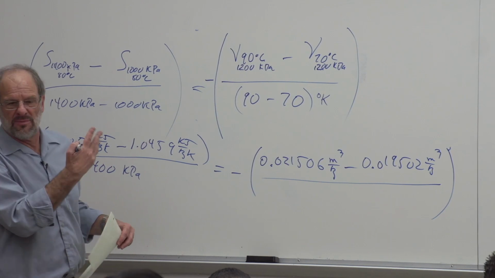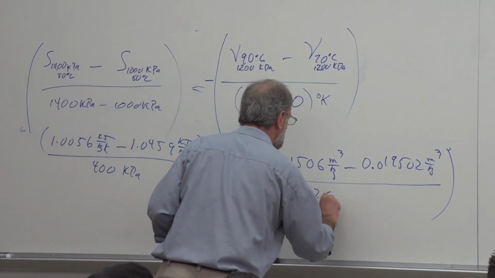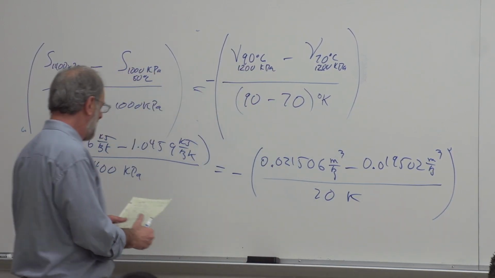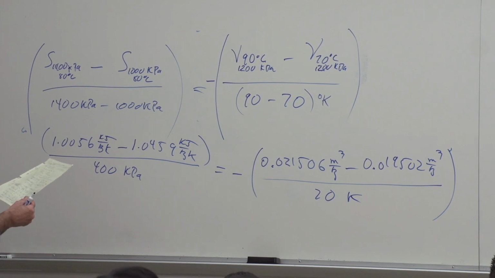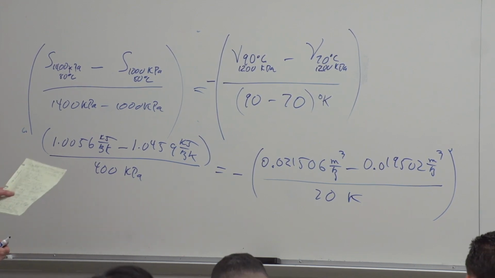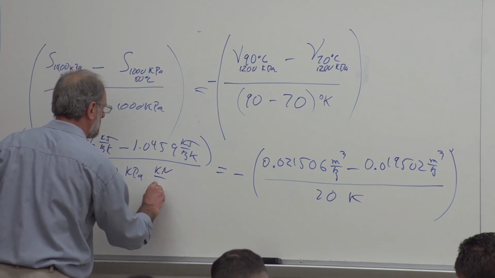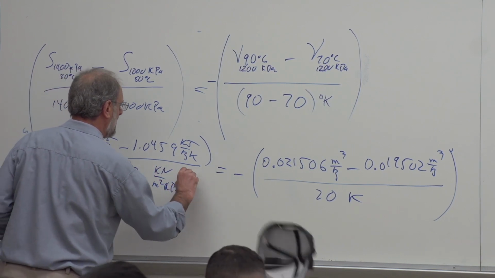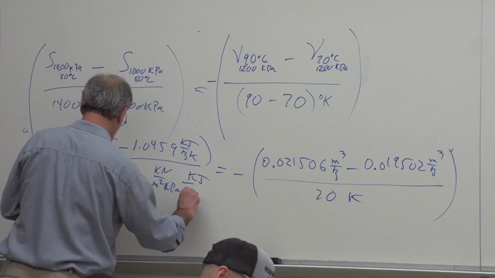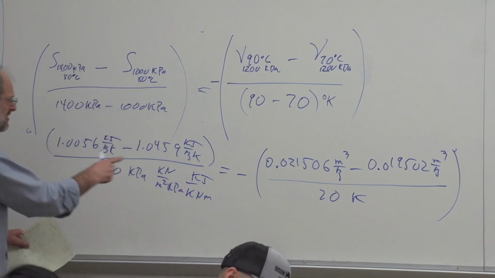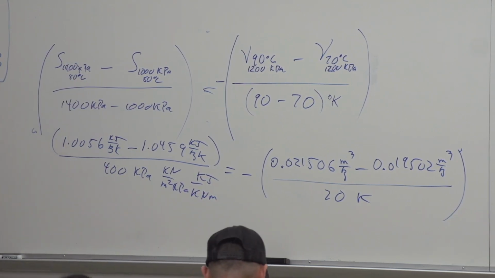And then we divide that again by 90 minus 70, which is 20 Kelvin. Now, it would appear that our units don't really work out properly, but they actually do, right? A kilopascal is the same thing as a kilonewton per square meter, and a kilojoule is a kilonewton meter. And then you'll see that all the units cancel out appropriately.